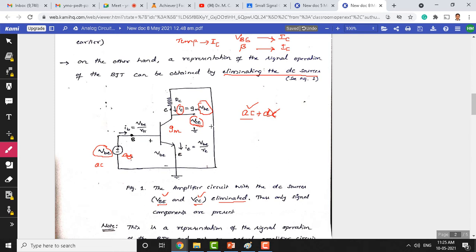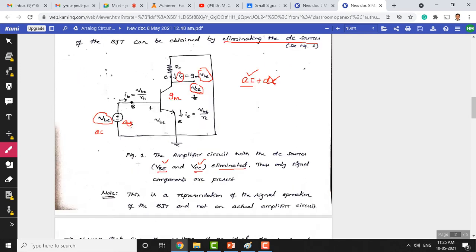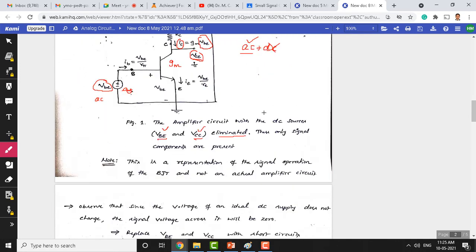Therefore we are applying something similar to the superposition theorem, where we consider only one signal at a time. In this amplifier circuit we consider the AC signal first, understand where exactly it is flowing, and then we can similarly understand the DC circuit.